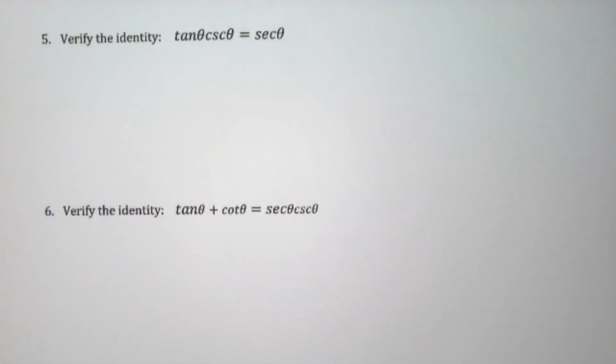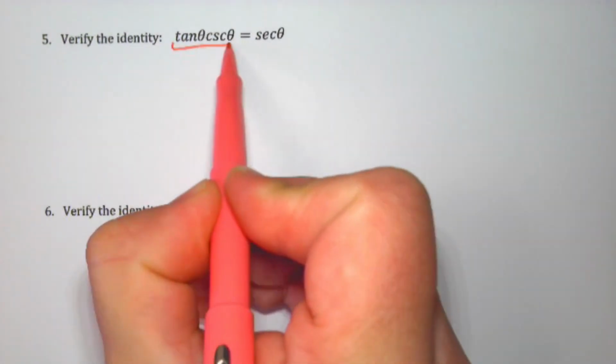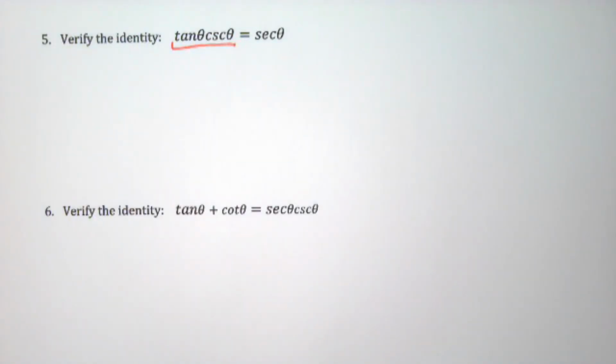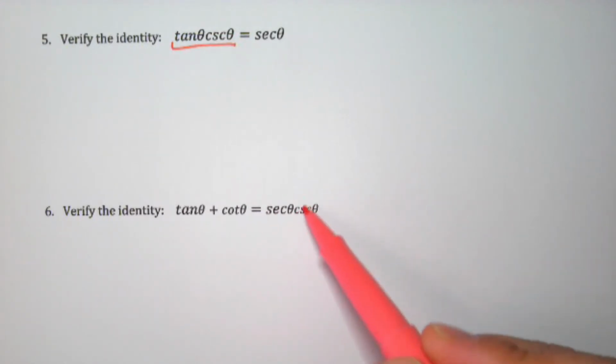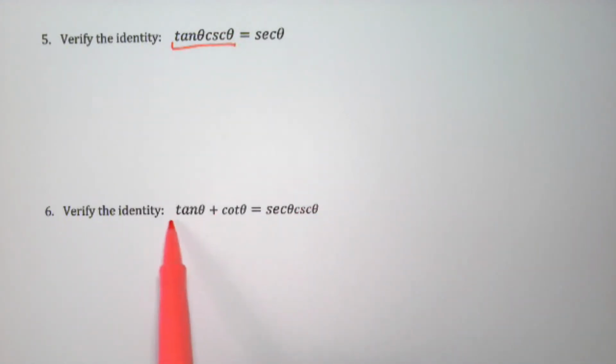So if you need that little extra hint on 5, 6, and 7 on which side to start with, for number 5, our left-hand side is the more complicated side. I would start there. For number 6, again, multiplication we actually like. Things can cancel out, which is really nice, or we can work with reciprocals, but addition is less user-friendly. So that's going to be our more complicated side for 6.